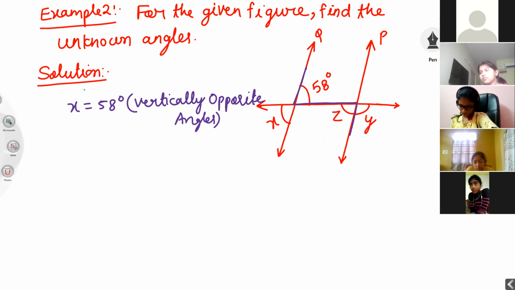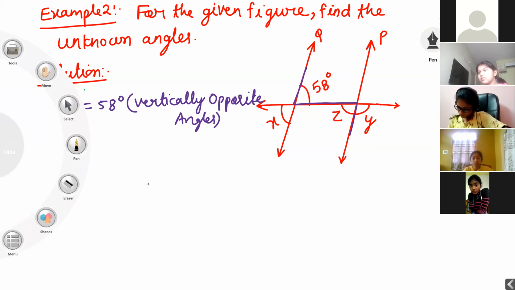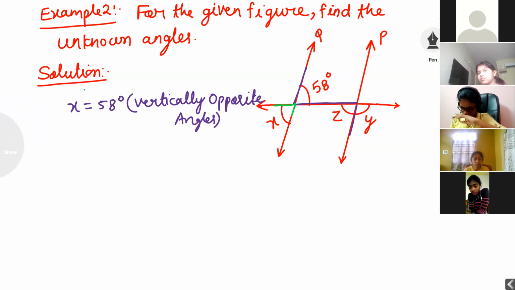Observe here, 7 shape. X is equal to z, or 58 is equal to z. Two ways are there.